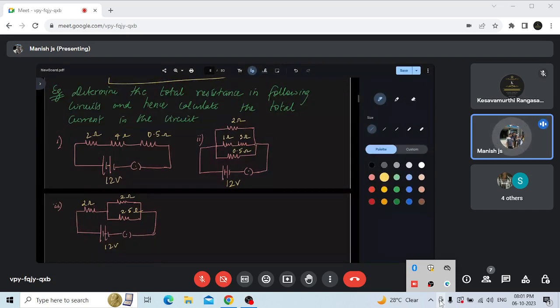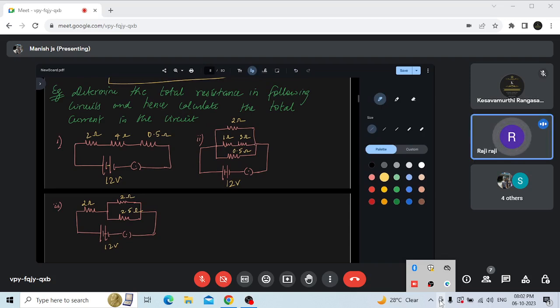Has anybody solved the first question? 1.84 ampere, sir. What is the answer for the first question? What type of combination can you tell?